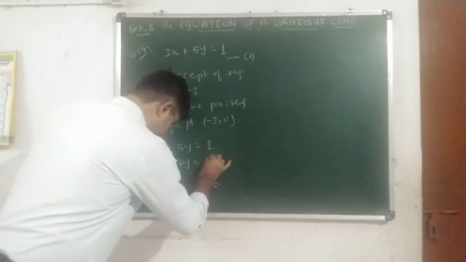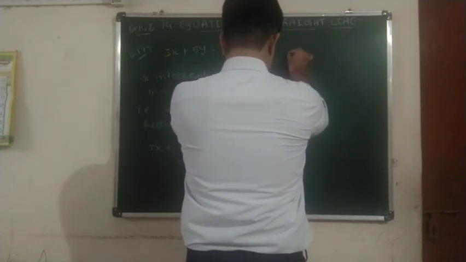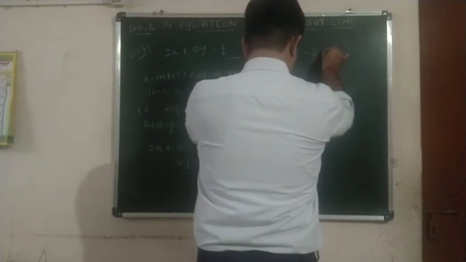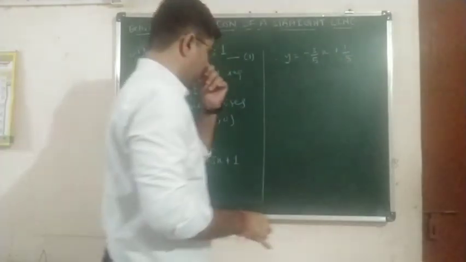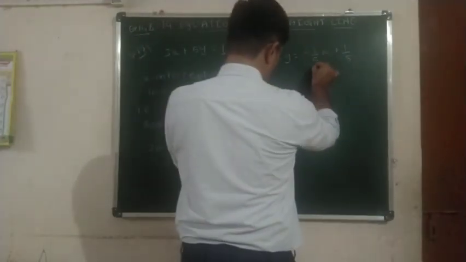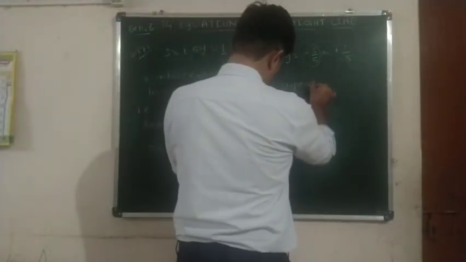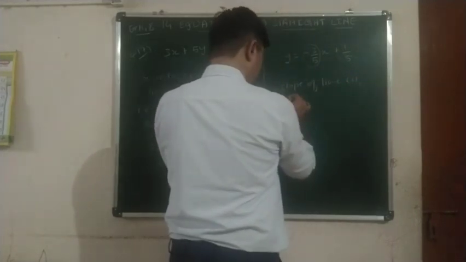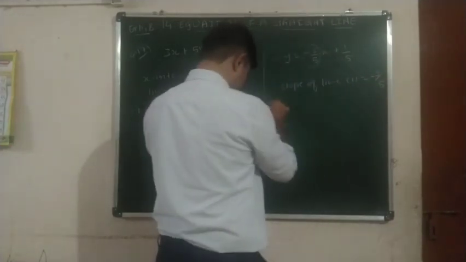Therefore 5y is equal to -3x plus 1, and therefore y is equal to -3 upon 5 x plus 1 upon 5. Therefore the slope of line 1 will be the coefficient of x.